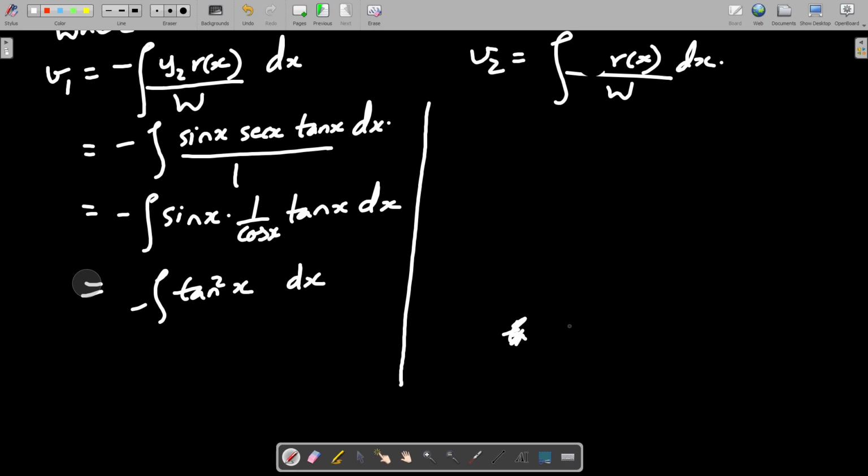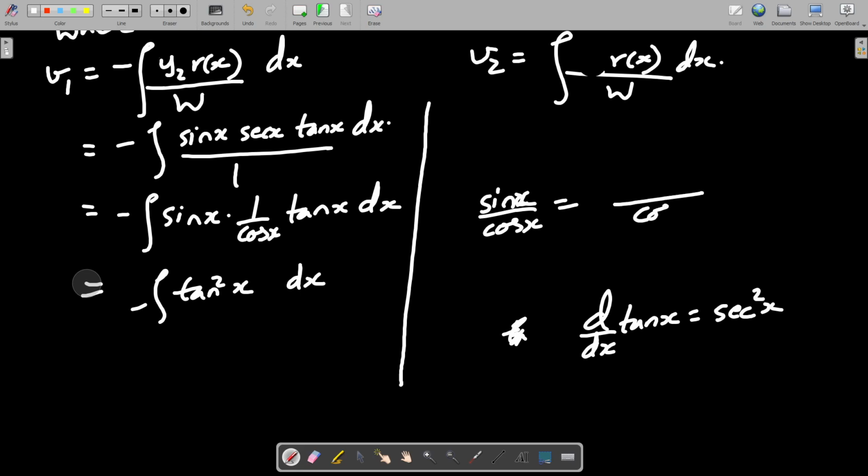Derivative of tan x is equal to sec square x, if I'm not wrong. Yeah. Tan x equals sin x upon cos x. Apply quotient rule here, denominator becomes cos square x. Numerator will become cos x into cos x minus sin x into minus sin x. So this leaves you with sec square x, right?